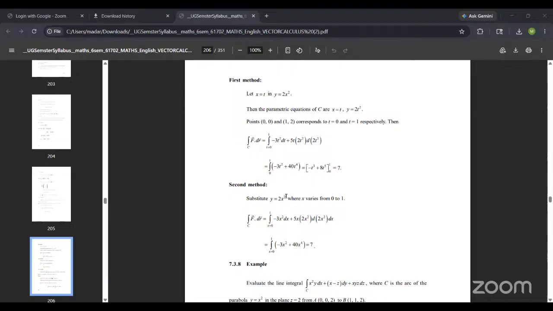Then we are substituting y equal to 2x squared, so that is dy/dx. So in the place of y we are writing 2x squared, so d of 2x squared into dx. So completely that becomes minus 3x squared plus 40x to the power of 4. So after the integration, we are getting that 7. So this is the one.